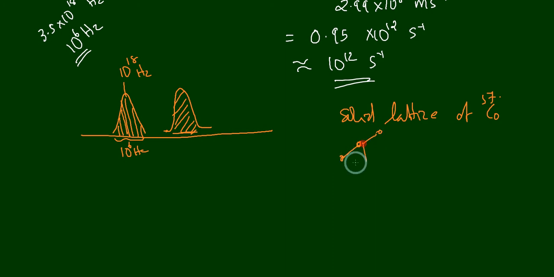The movement of the atoms is restricted under the solid lattice. You already know this. So he used a solid lattice where the movement of atoms is restricted, with minimal movement within the lattice.